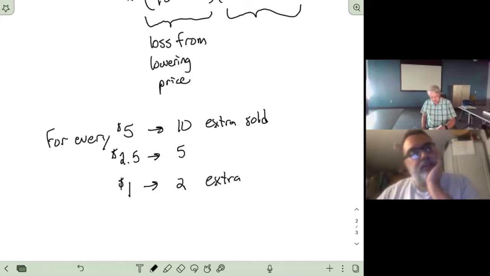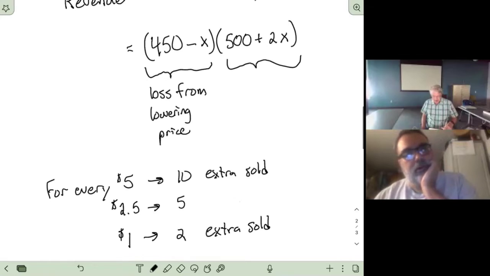Oh, that makes sense. Yeah, so that's what I'm going to model it as over there.